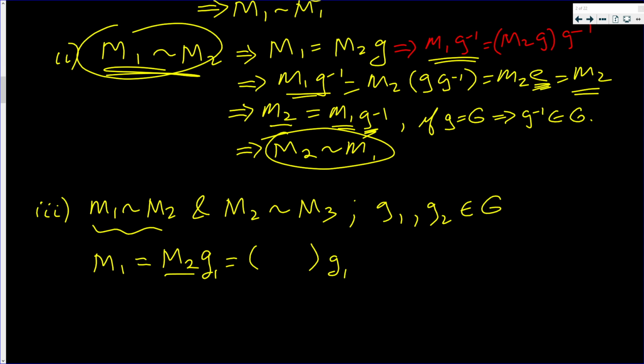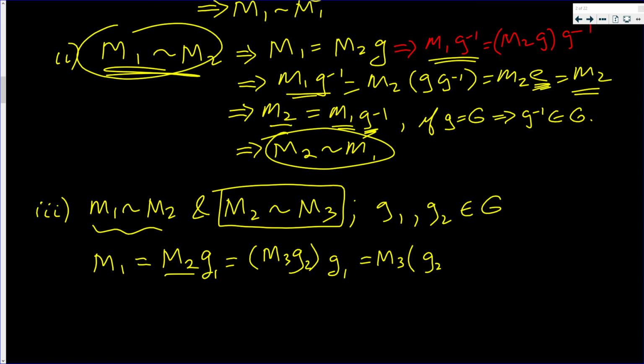Another way of writing M2 comes from that relation. M2 is the same as M3 times an element in G. So this is M3 times G2, G1.